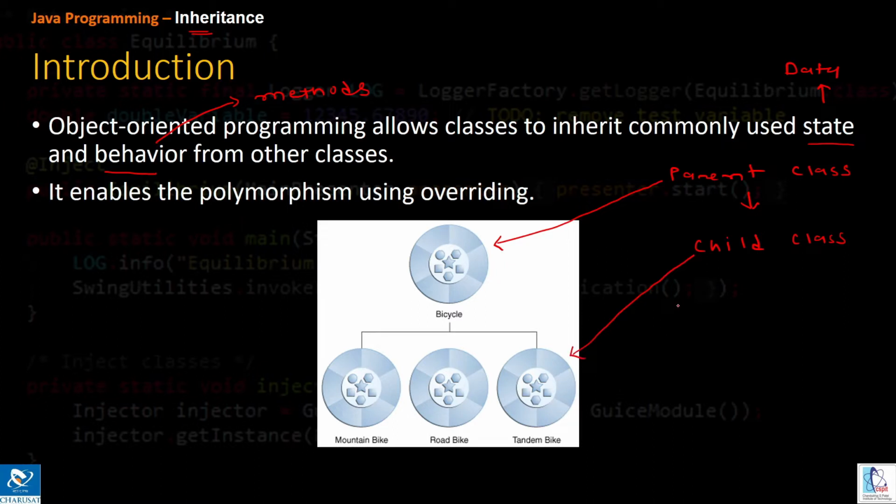This is what we should keep in mind related to inheritance. This also enables us to apply the concept of polymorphism with the help of overriding, which we will come back to later.